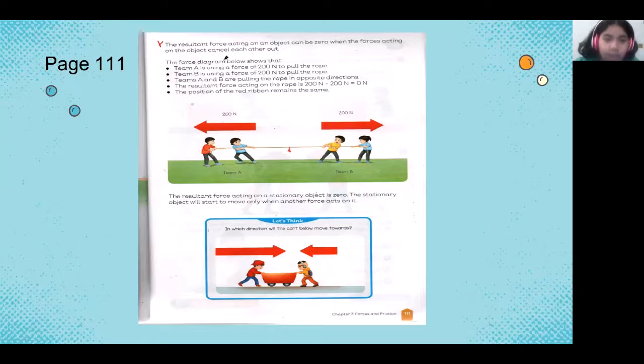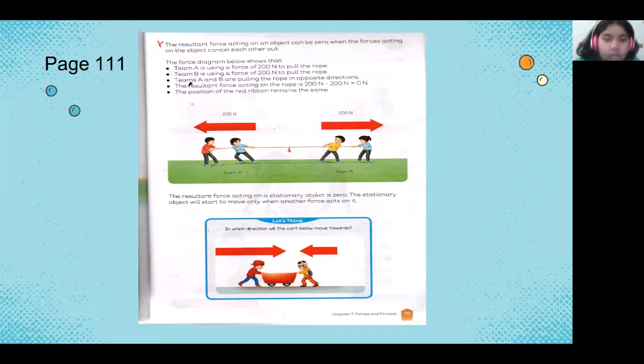Team A and B are pulling the rope in opposite directions. The resultant force acting on the rope is 200 Newton minus 200 Newton equal to 0 Newton.